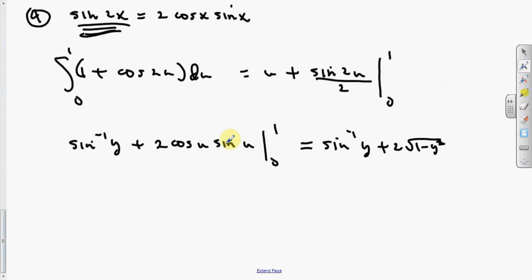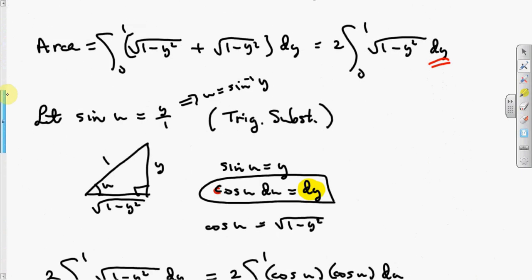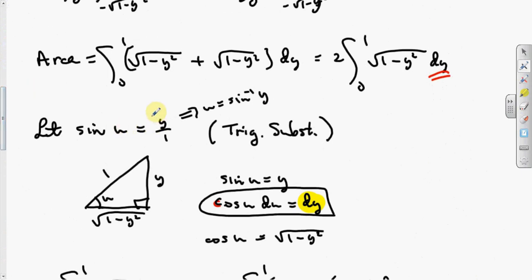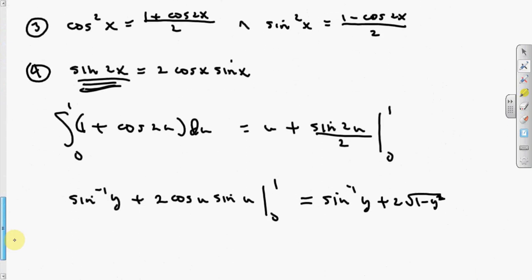And then the sine u was just set to equal to y. Sine u is equal to y. This is times y. Now the y is evaluated from 0 to 1.